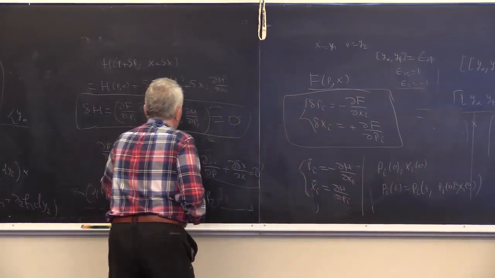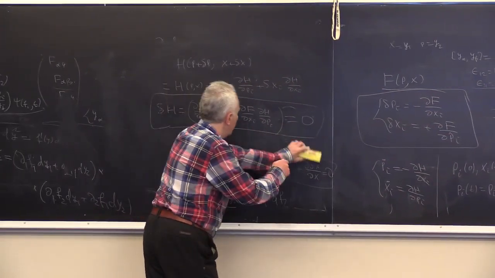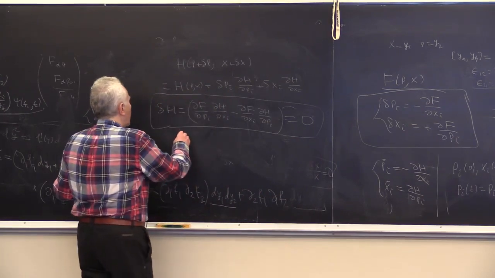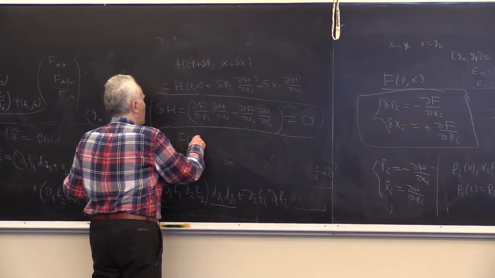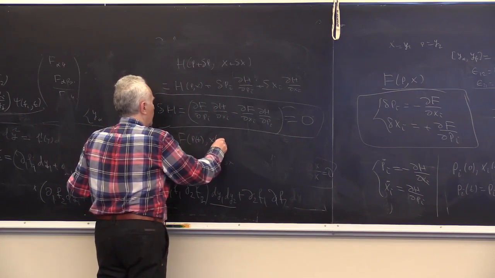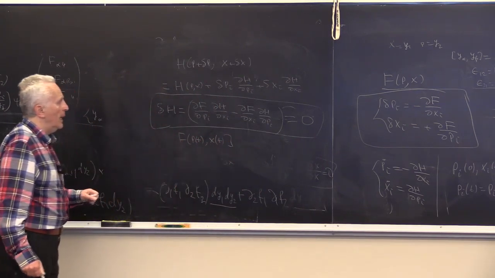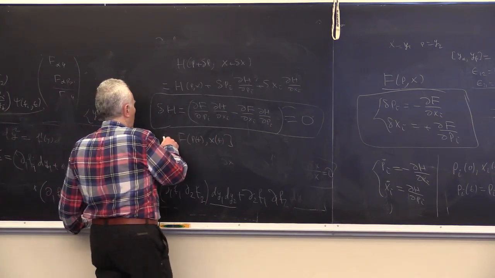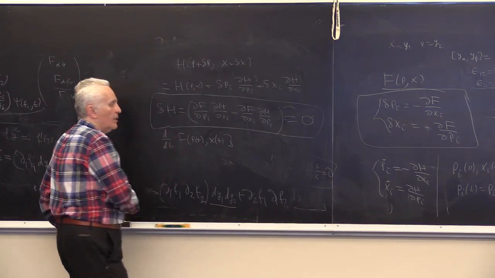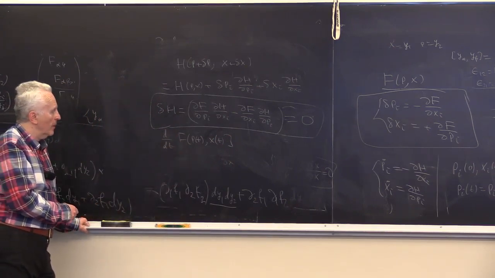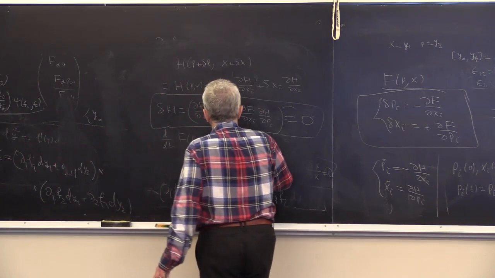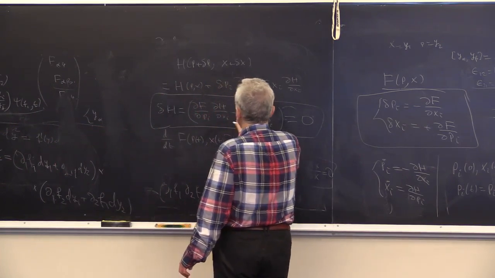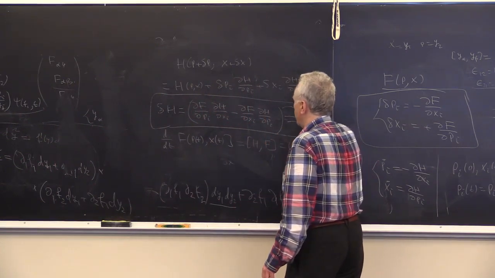Yeah, because compare this. This was the symmetry statement. Now let's take f of p and x, which depend on p of t and x of t, and consider its time derivative. Its time derivative is the Poisson bracket, but this Poisson bracket is 0.